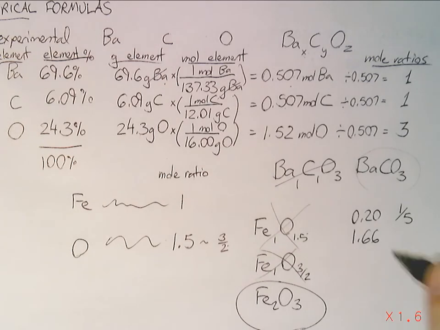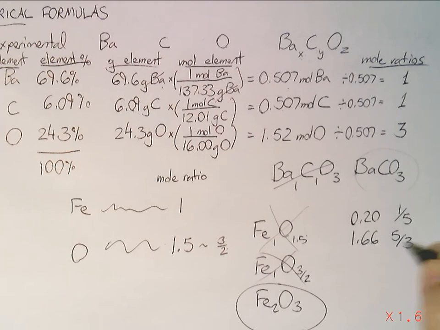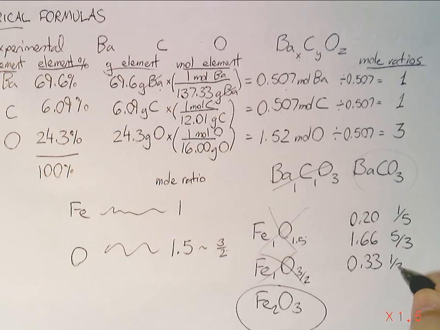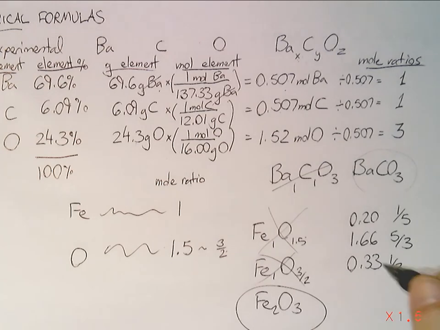Okay, well the 0.66 is about 2/3, so that's like 1 2/3, so that's like 5/3. So there's some fractions that you would need to recognize. 0.33 is 1/3, right? And any multiple of this is going to be thirds. You can see that this is 5 times this, so it's 5/3.